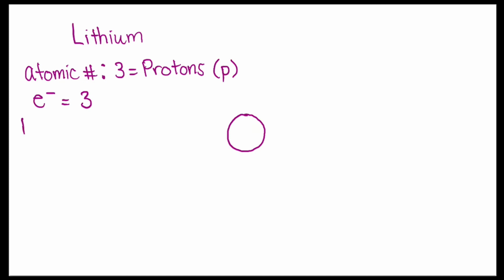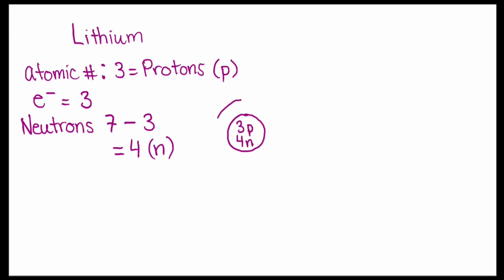And then our neutrons, we figure out by taking the mass, which is rounded to 7, subtracted by the atomic number, which is 3, to give us a total of 4 neutrons, which we symbolize as a N. So when we set this up, in the nucleus, it's made up of 3 protons and 4 neutrons. And then we have a ring around it.